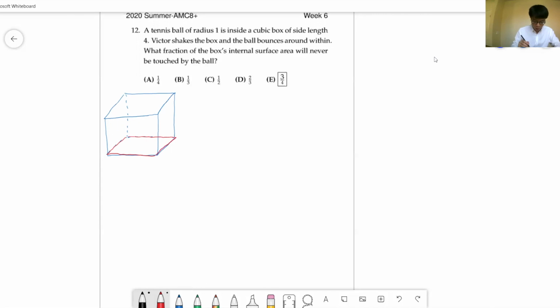So let's consider the front view. So let's just view from front. So let me just draw this picture. The side length is 4. And the radius of the tiny spore is 1.